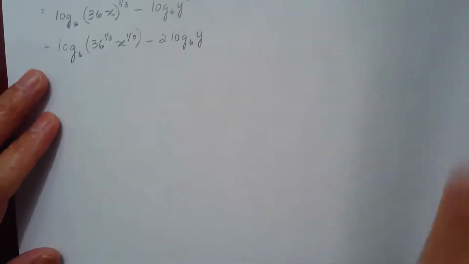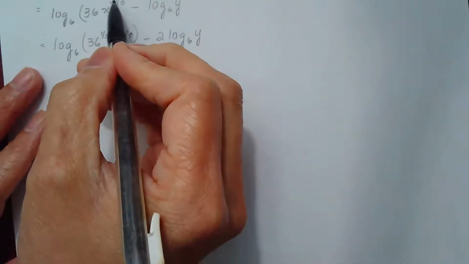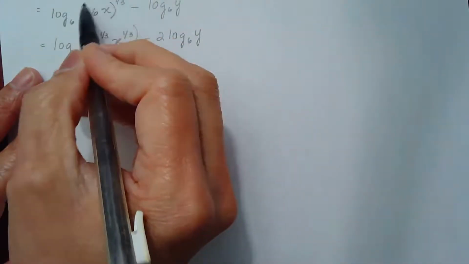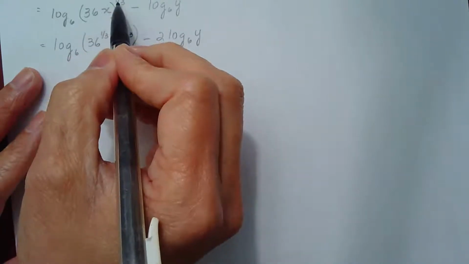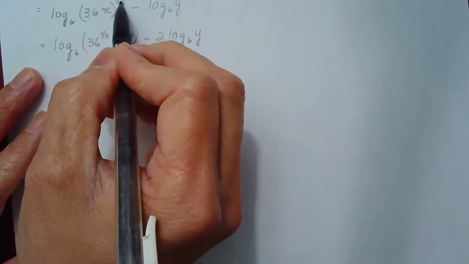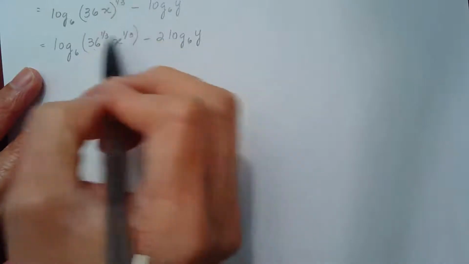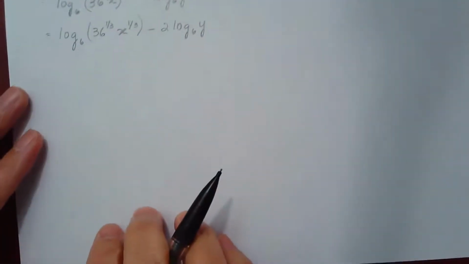So by doing the power rule over here, I multiply the exponents, and this is what I get.